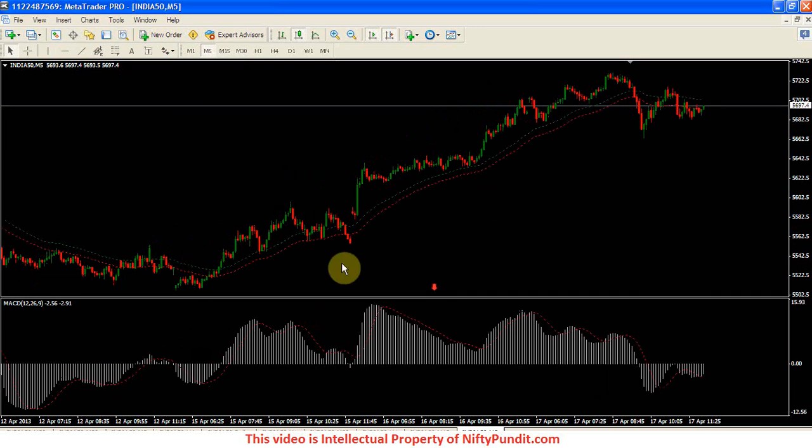So here you see this crossover. Whenever a crossover happens over here, you go for a long, and make sure that the trend is up. And here if you are long, it is going to give you the maximum distance at this particular place.